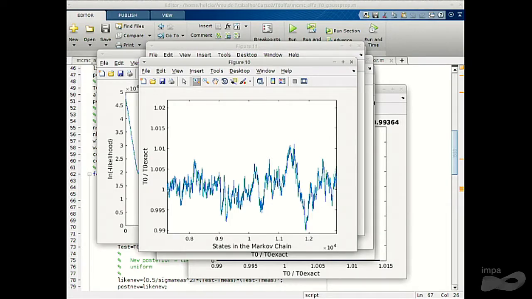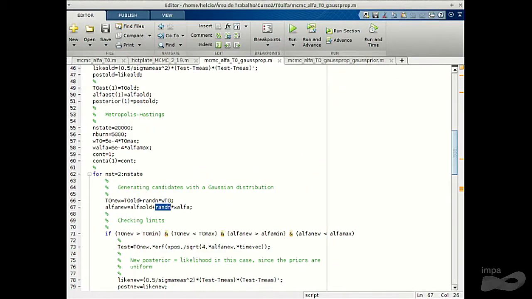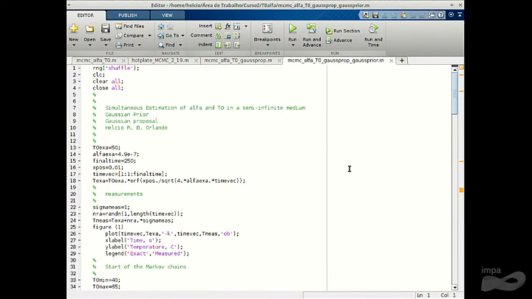All right, so now let's take a look at the code for a Gaussian prior, okay? So now I have a Gaussian proposal and a Gaussian prior.